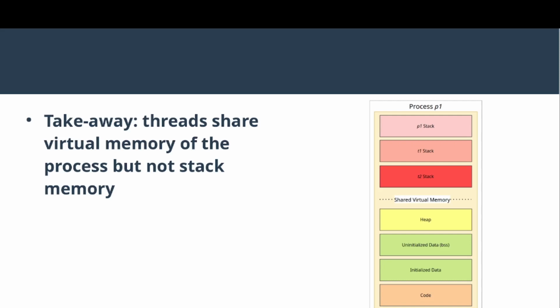So inside this process P1, we've allocated 3 separate stacks, and these are not shared memory. And when each of these threads is created, the only thing we need to allocate is the stack memory. We don't need to allocate the heap or any of these things in the shared virtual memory segments. And then when the thread is terminated, the only thing we need to deallocate or clean up is that stack, with the slight exception of the P1 thread, which is the main thread. If that's exiting, then we're also terminating the entire process.